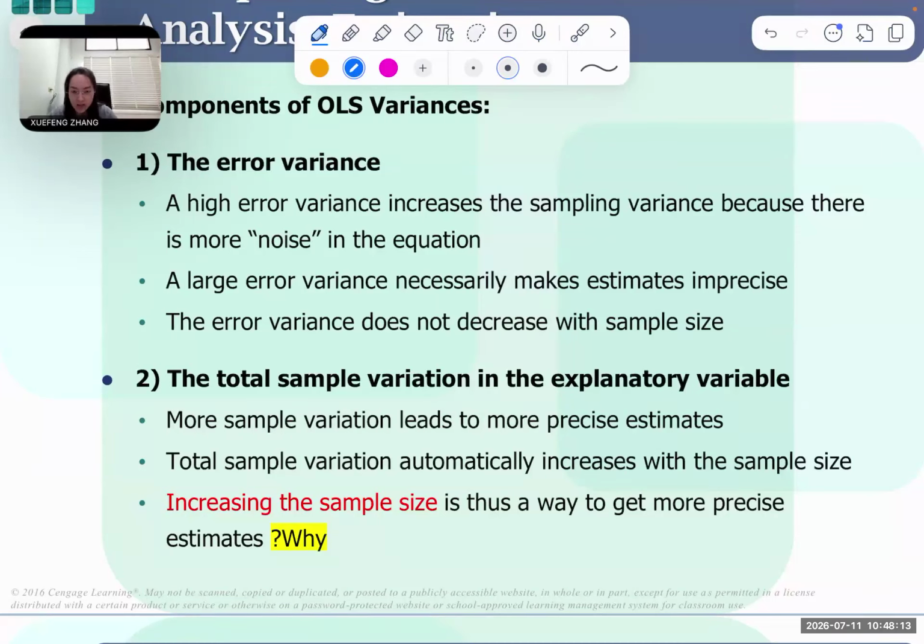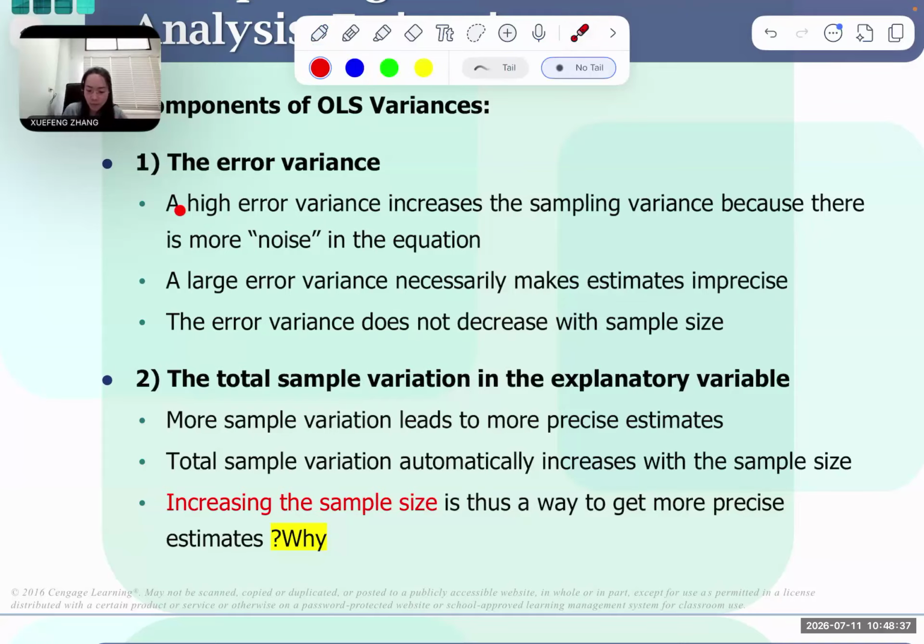Important point is that this is unavoidable. Unlike the other pieces, sigma squared does not shrink just because you collect more data. If the underlying world is noisy, it stays noisy no matter how many observations you add.